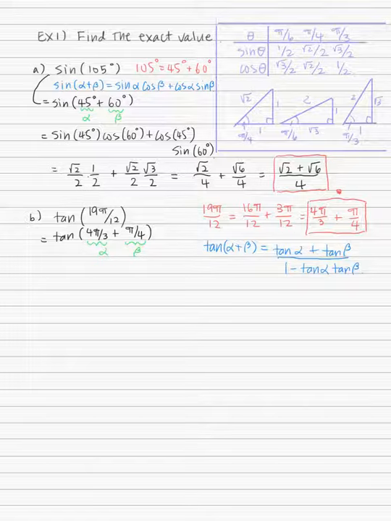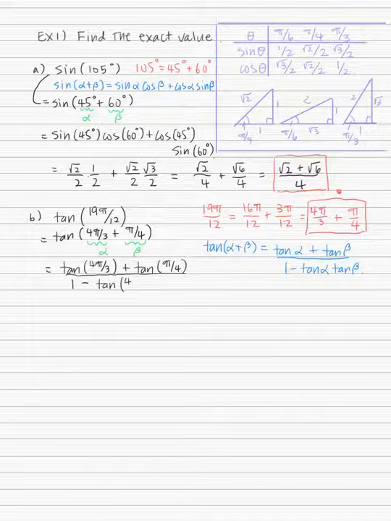Let's follow the formula. What we're going to get is tan of 4 pi over 3 plus tan of pi over 4, whole thing over 1 minus tan of 4 pi over 3 and tan of pi over 4.